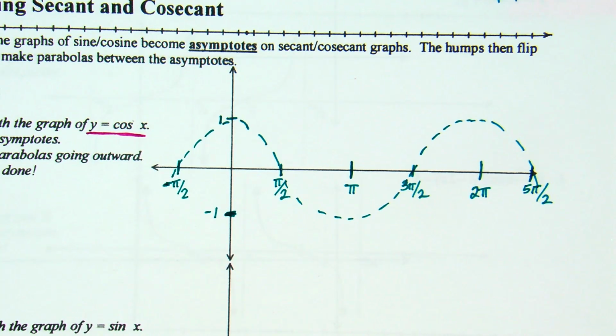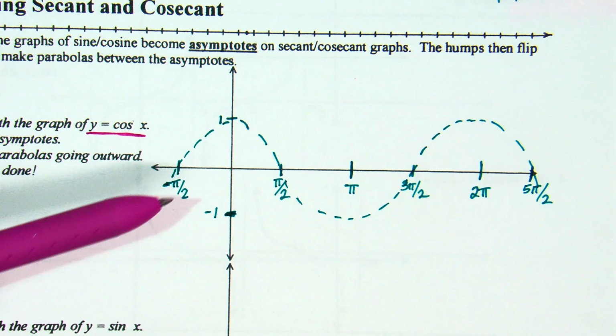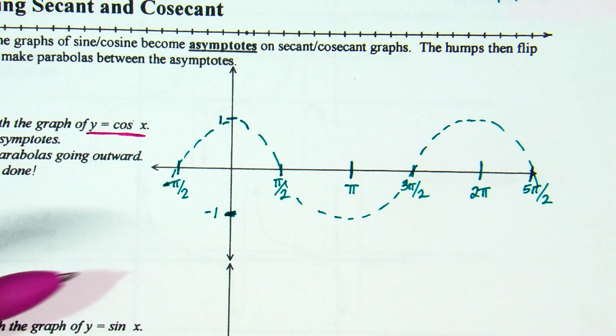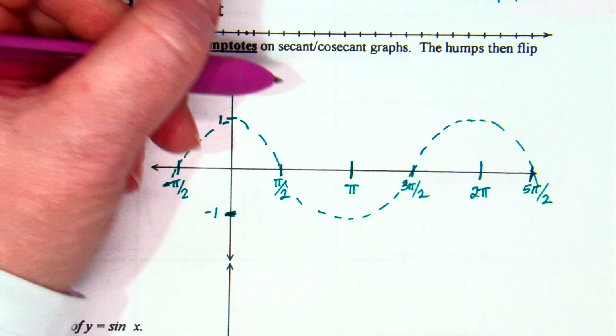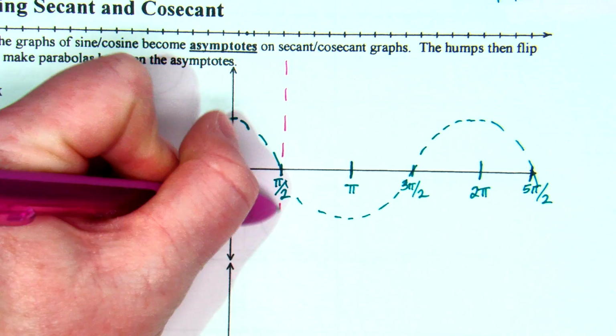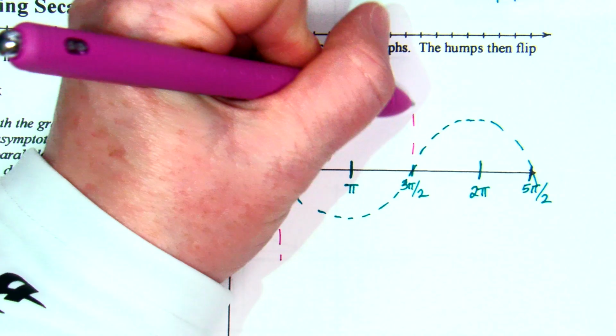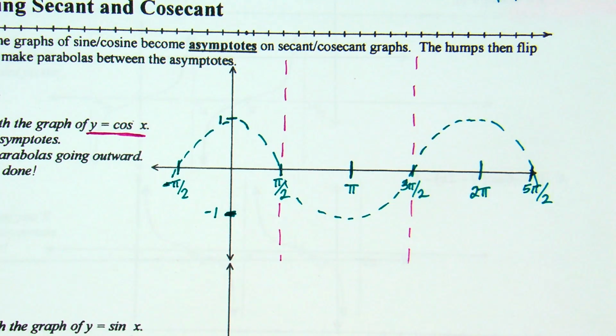So any zeros become asymptotes. How do I draw an asymptote? Dotted vertical line, right? Technically, it's an invisible line, but we draw it in so we can see it. Kind of like this cosine graph isn't really here technically, but I need it for a visual. So now that means we're going to have a vertical asymptote at pi over 2, a vertical asymptote at 3 pi over 2, and I added on these other two on purpose.